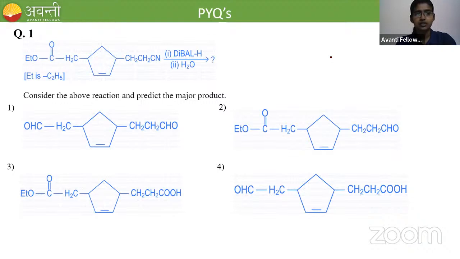Just see the question. A compound is given to you and it is treated with DIBAL-H and H2O. Consider the above reaction and predict the major product. I'll give you just 30 to 45 seconds. Try to find out the product and let me know in the chat box the correct option.